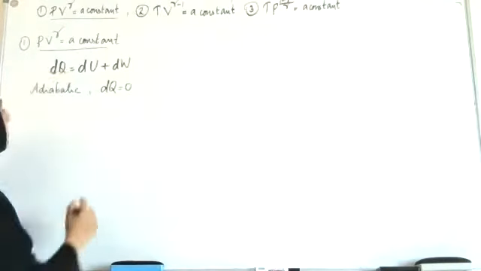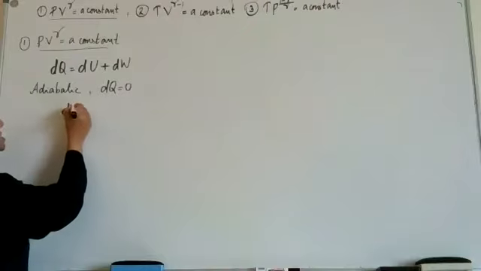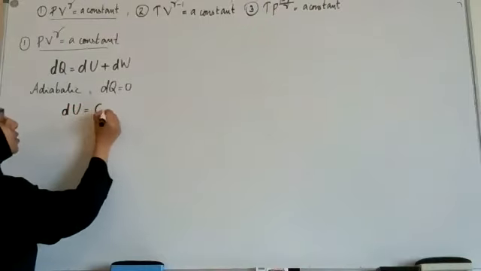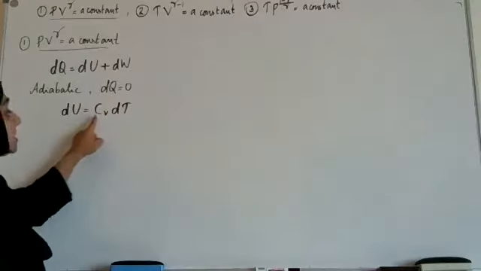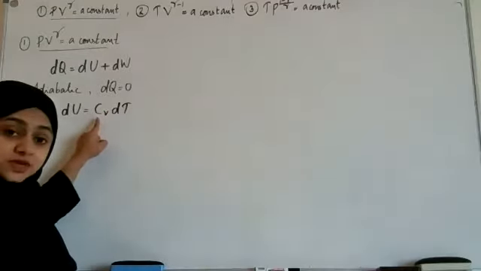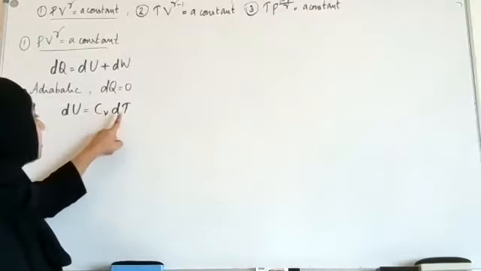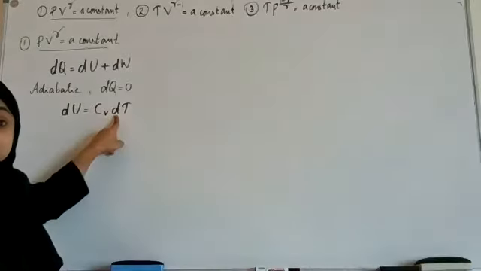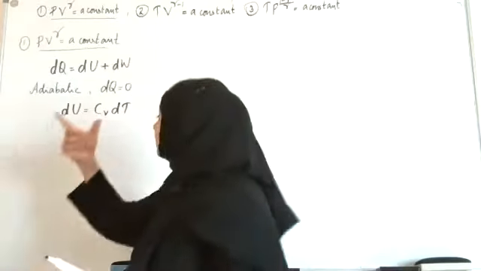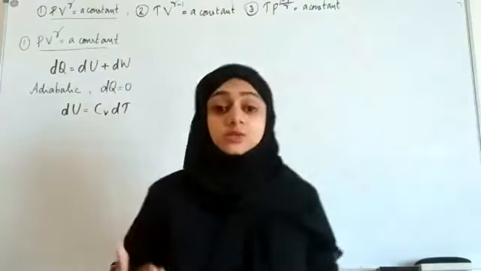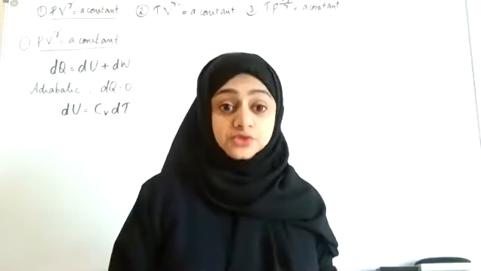Now, we have learned in the last class, du is equal to Cv dt, where Cv is the molar specific heat at constant volume and dt is the change in temperature. When we discussed this yesterday, I told that this relation is valid irrespective of the type of change.